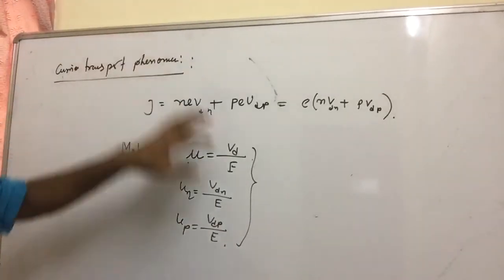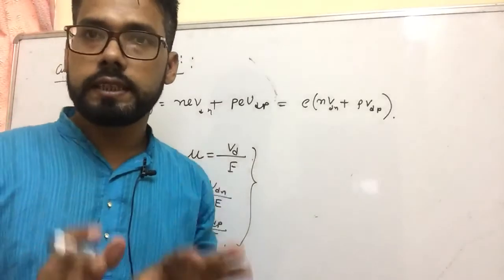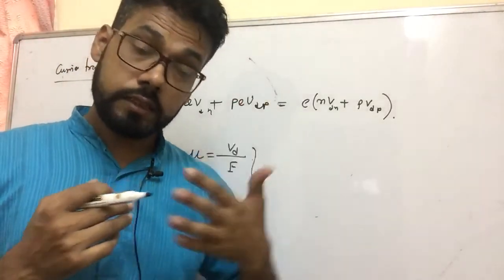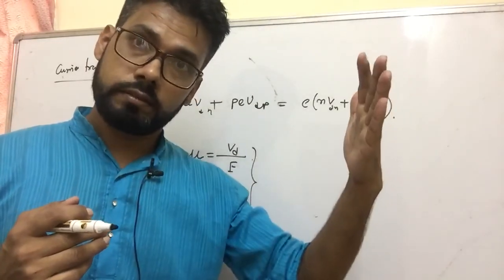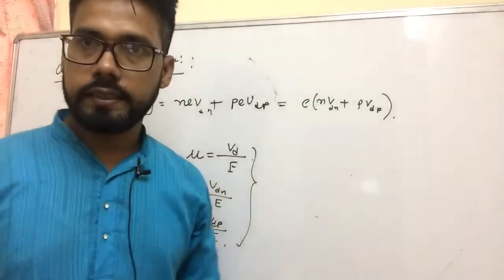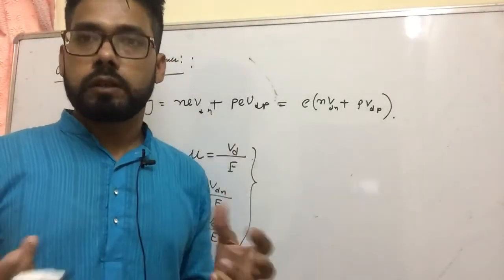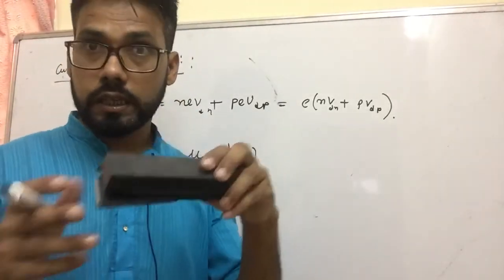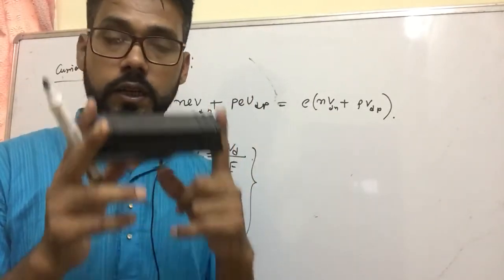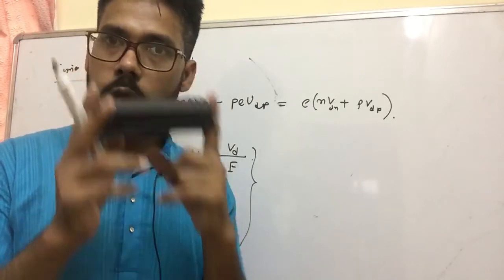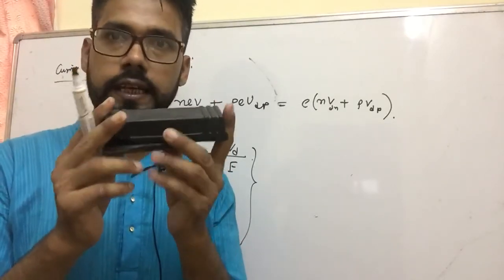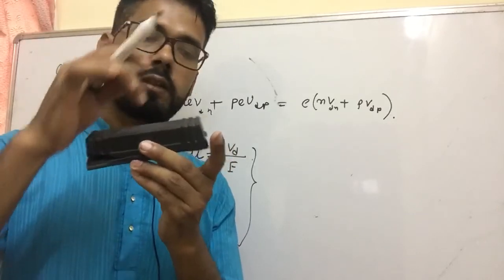Okay. What is the physical meaning of mobility? Mobility measures how well a semiconductor transports electrons from one point to another point. I will tell you in detail. Suppose this is a semiconductor, we apply an electric field. Electric field, don't confuse, means voltage. When we apply voltage, how fast and how well does this semiconductor transport electrons from here to this point.